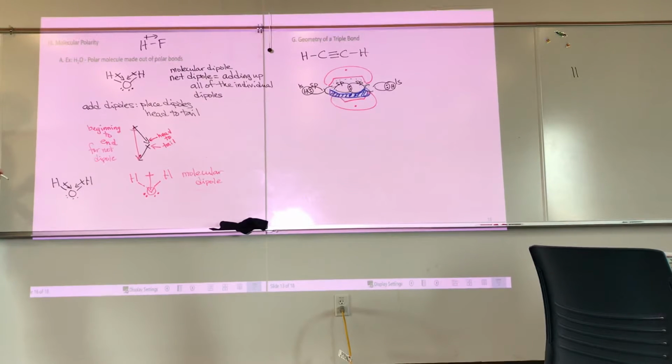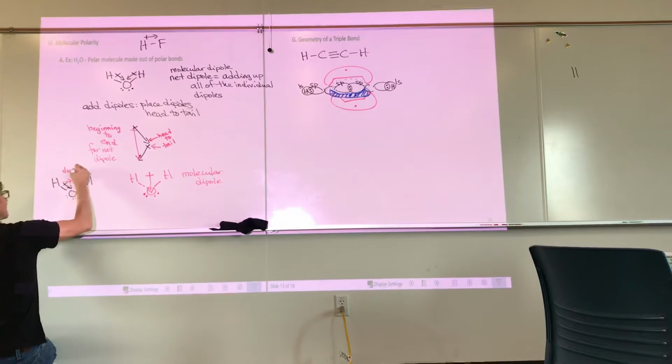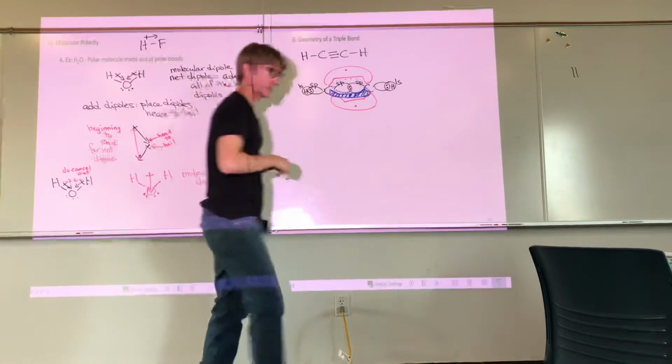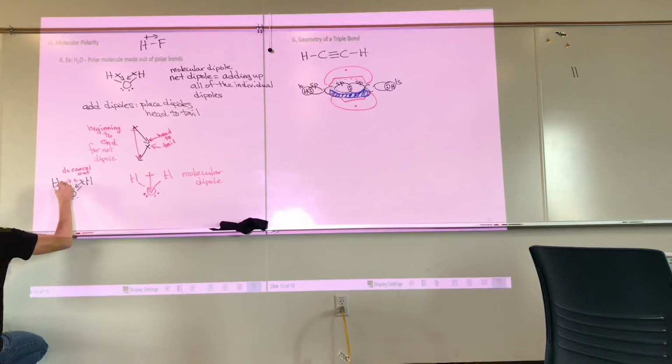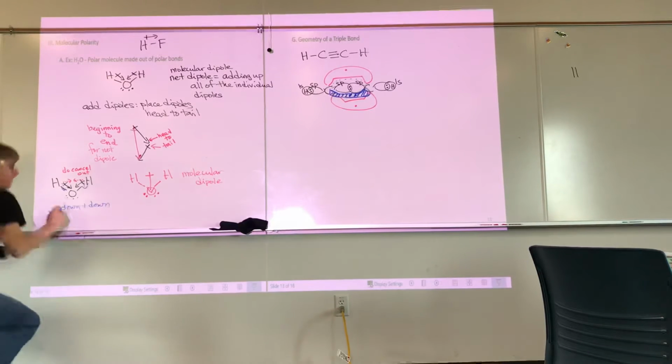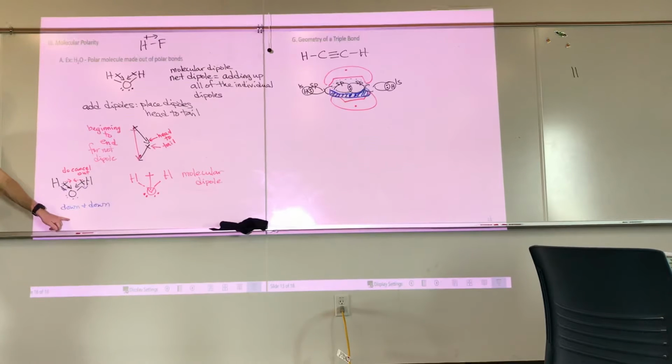Good. So what I'd like to do here is draw the left and right portions and say they do cancel out. The down and down portions add up.